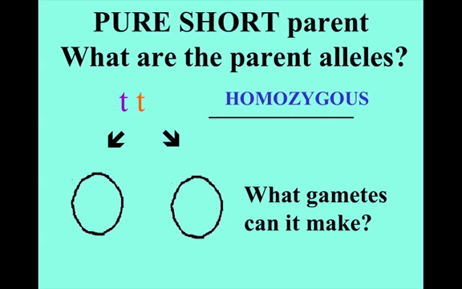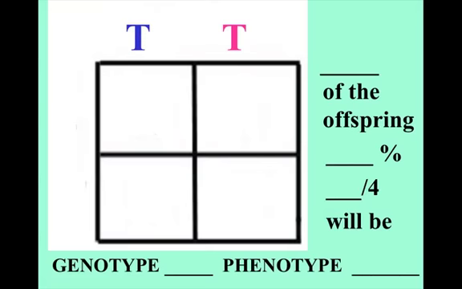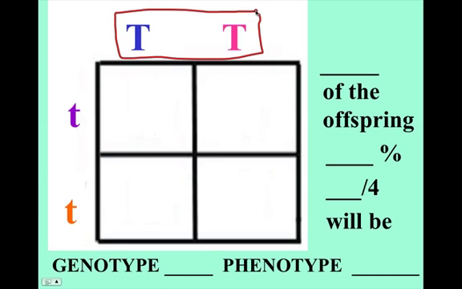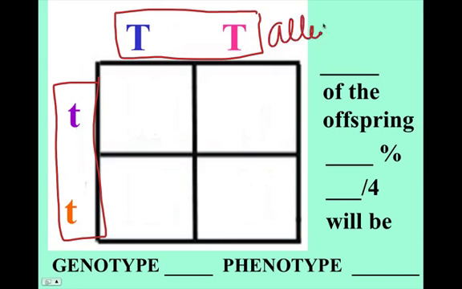So 2 little t's, because it's pure short, that is homozygous for that particular trait. So one gamete is going to have a little t and the other gamete is going to have a little t. So once again, when we're making our Punnett square, you need to remember that one parent goes on the top and the other parent is going down the side. These are the alleles.